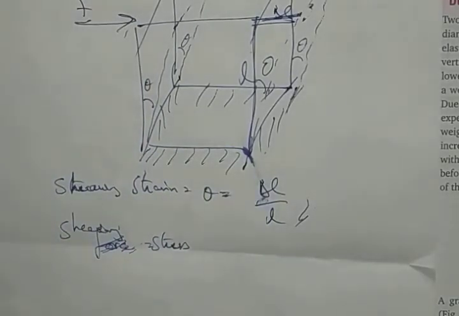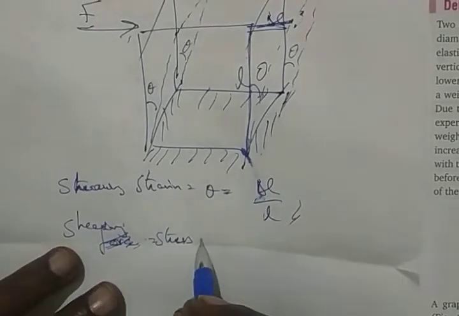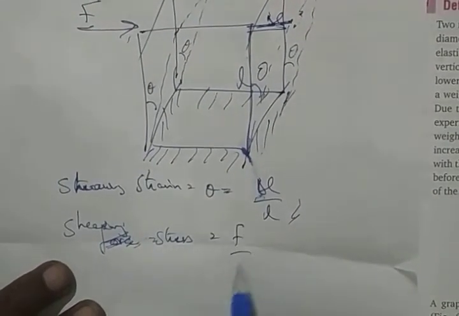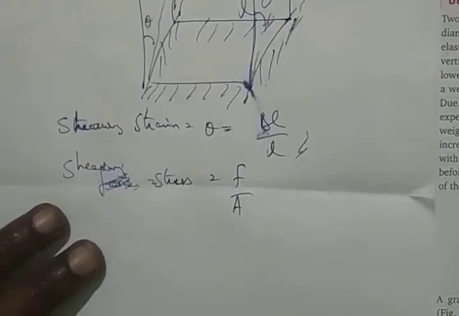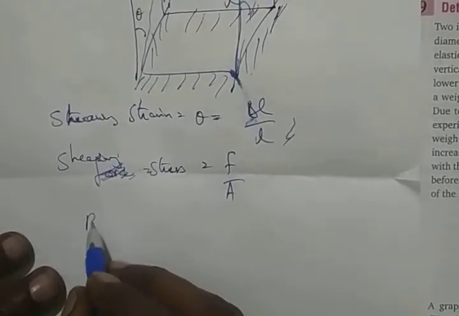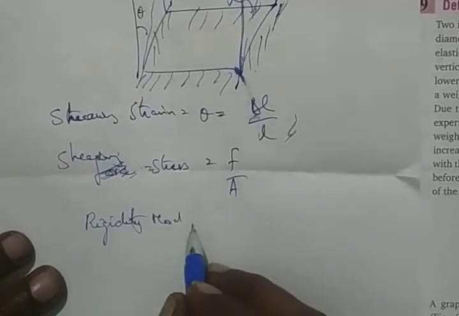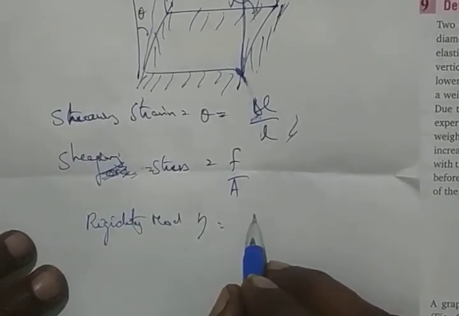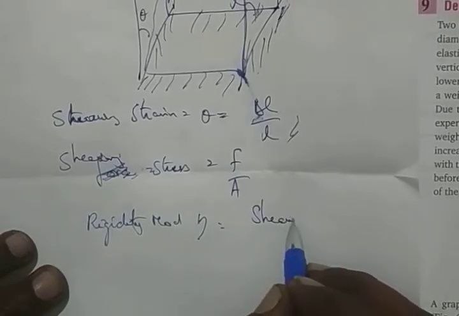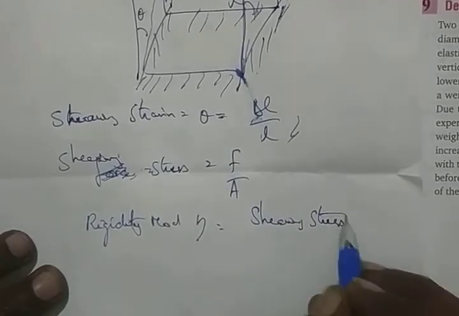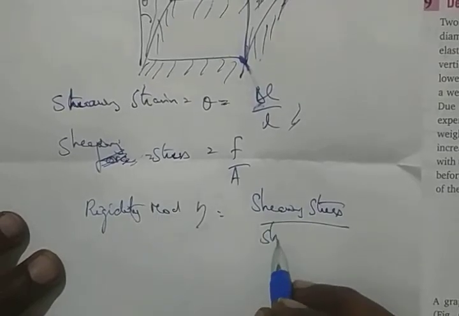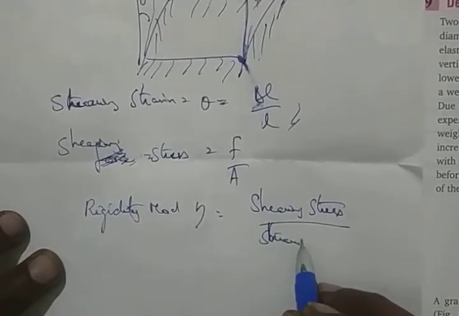So shearing stress is going to be equal to force per unit area. So rigidity modulus, it is called eta, is going to be equal to shearing stress upon shearing strain.